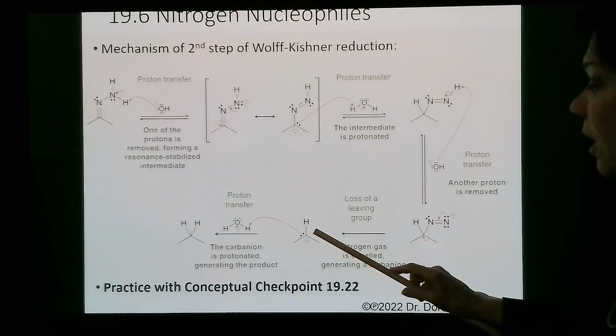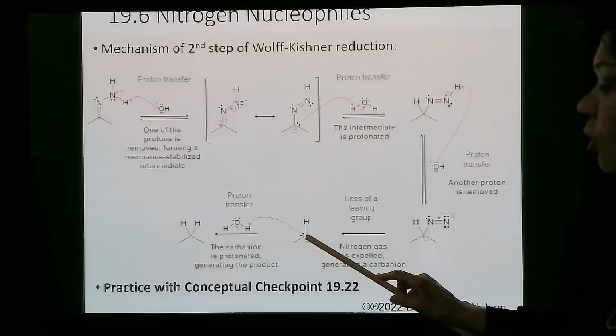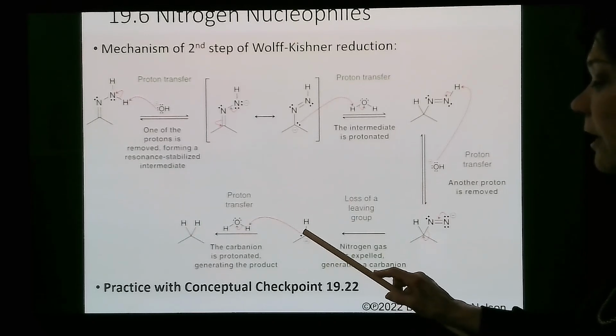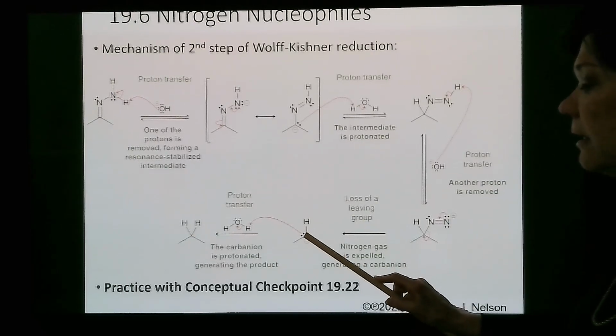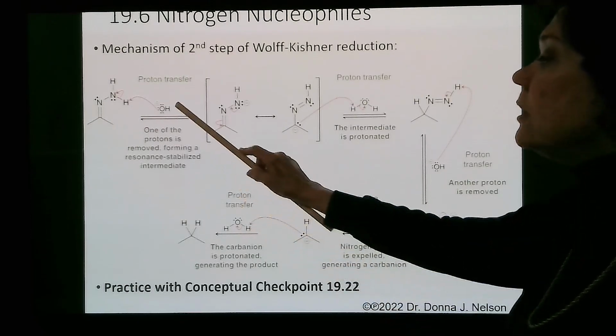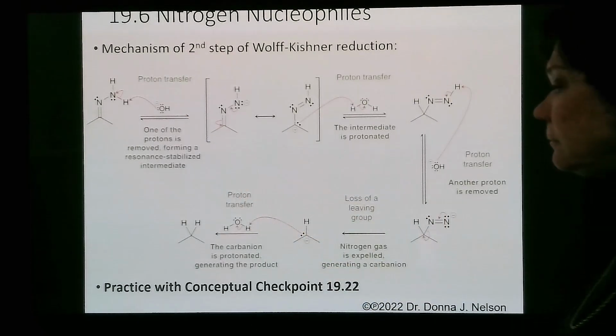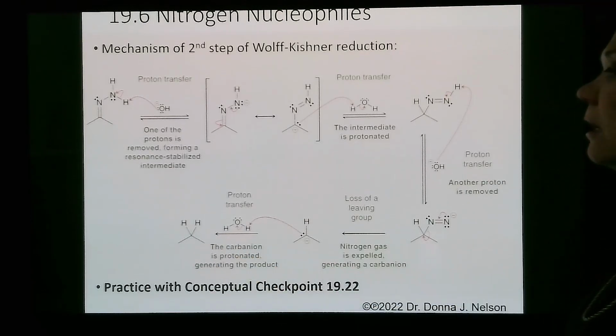So here the carbon atom has accepted this pair of electrons. It is bearing a negative charge. The pair of electrons, the non-bonding pair constituting that negative charge, comes in and deprotonates water, regenerating the base. And so then the product is formed.